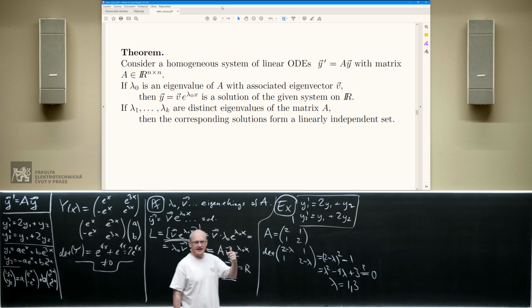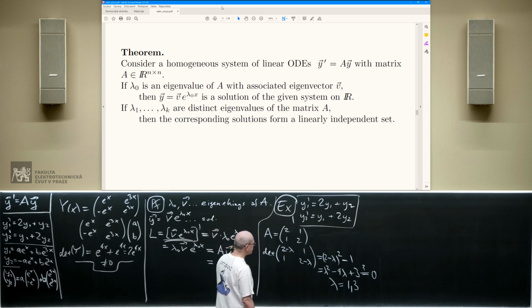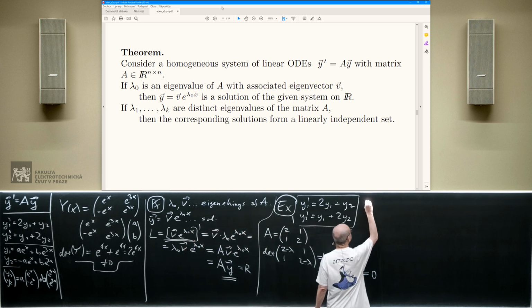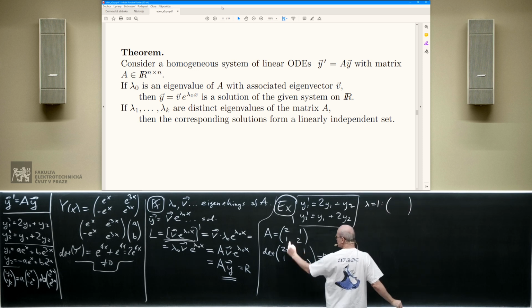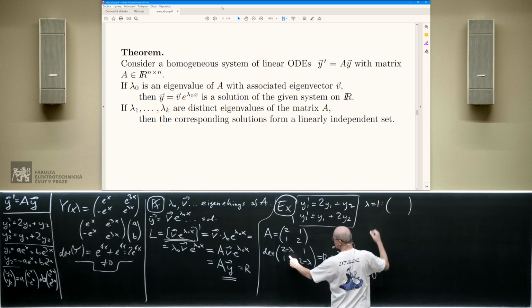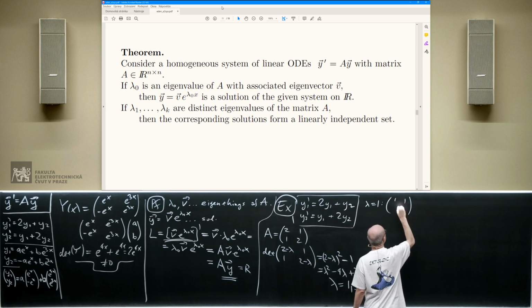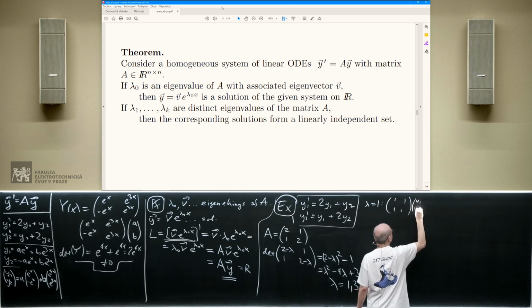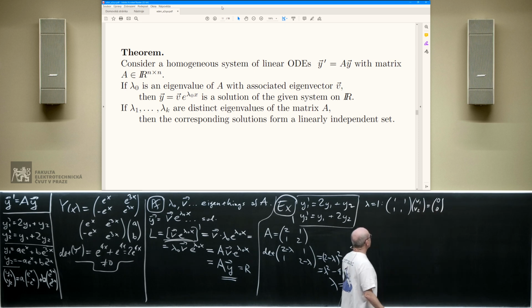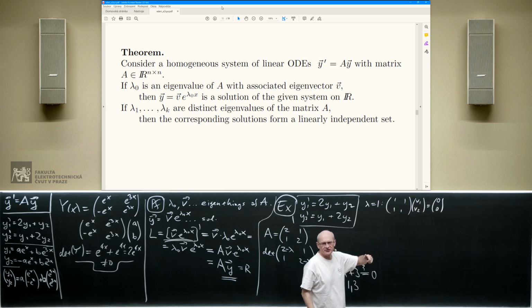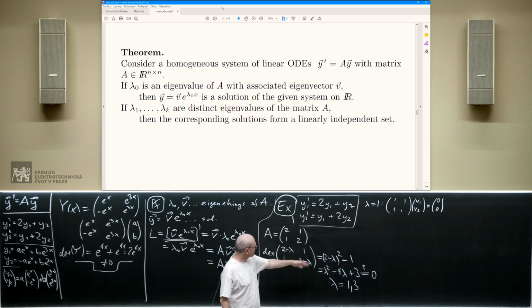Now we need to find eigenvectors. For that, we also had a procedure. So we have to take this matrix with lambdas and put 1 for lambda, and we get 1, 1, 1, 1. We multiply it by some unknown vector, and we want this to be 0. So this matrix must be singular. Otherwise, we have made a mistake somewhere along the way.